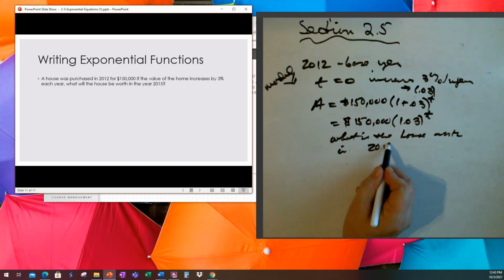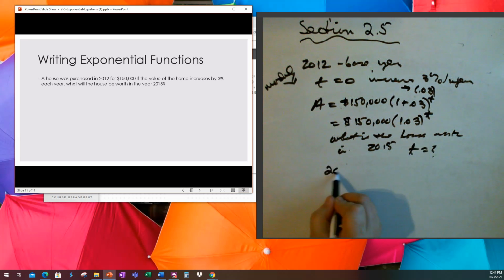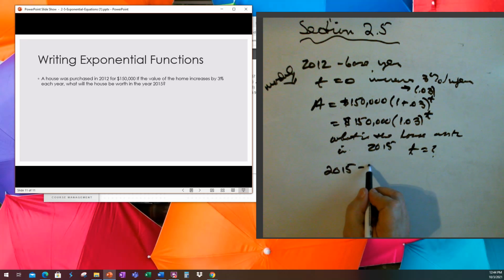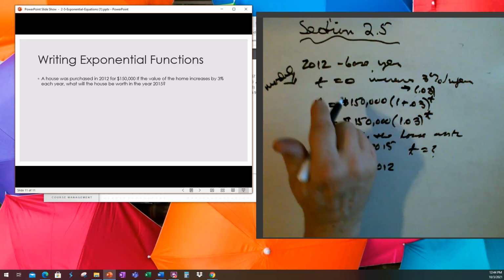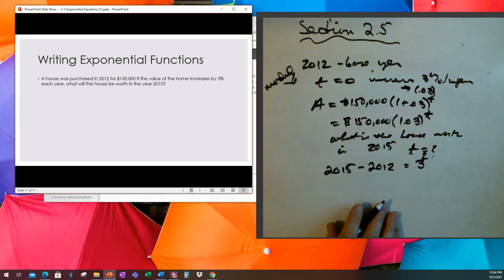In the year 2015, I have to find out what t is going to be, and that's just 2015 minus 2012. If 2012 is our base year, I get 0, and then this is going to be 3. So that's the t we're going to use.